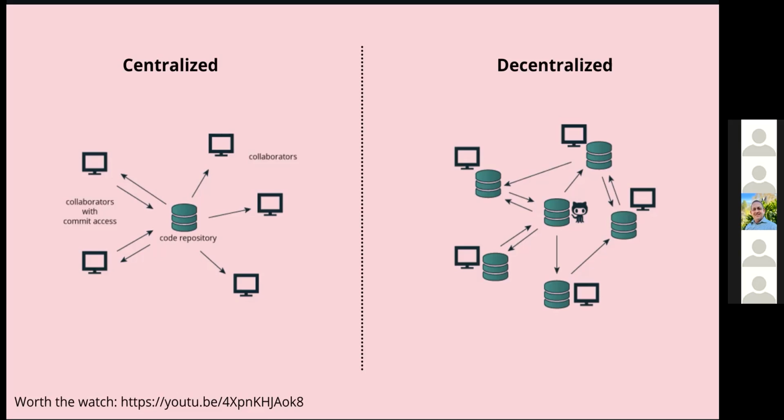I do want to point out that in the decentralized model that I'm showing here, you probably see the little GitHub logo beside the middle one. So that middle one appears to be more important, but you don't have to work with a hosting service in order to use Git. You have GitHub and you have Bitbucket, and they're used for hosting Git repositories, but this isn't the only way to do it.